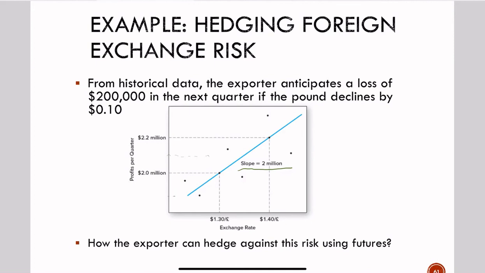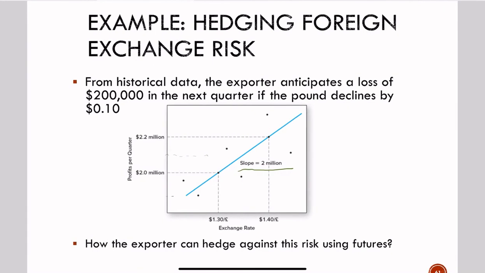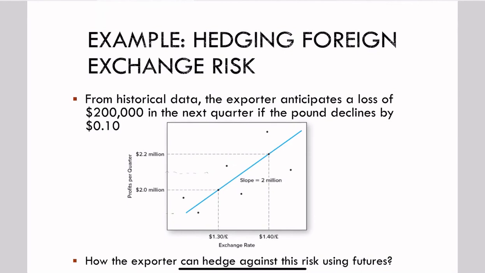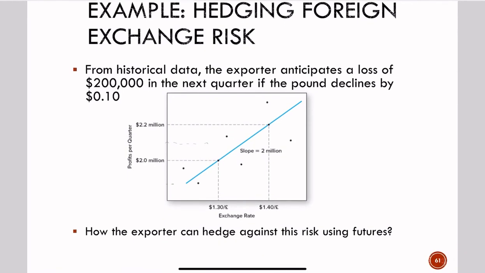This obviously means if the exchange rate decreases by 0.1, then you will have a loss of $200,000, right? Now, the question is how this firm can hedge against this risk using futures. Obviously, as I said, you should sell, or take a short position in, this foreign currency futures.